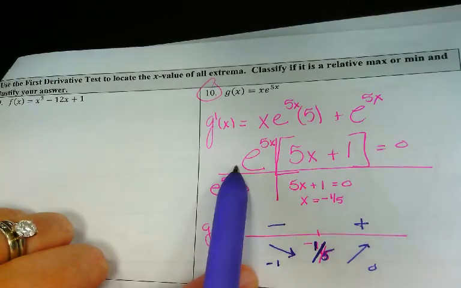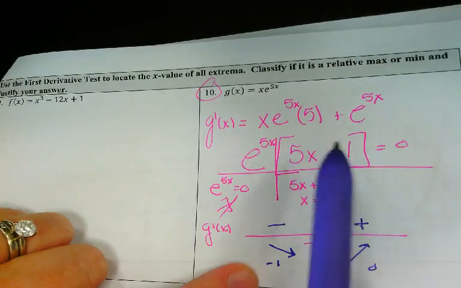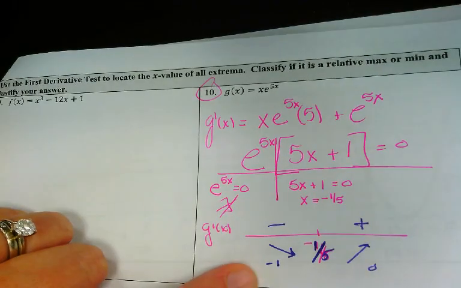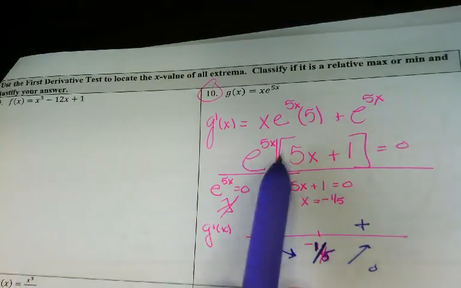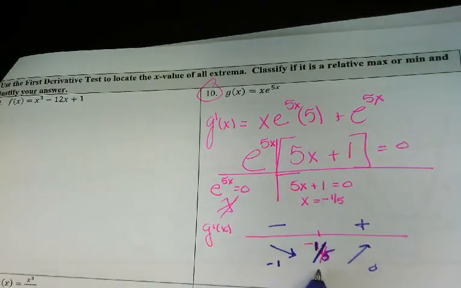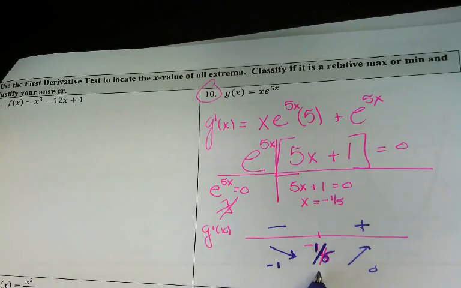And then e to anything is always positive, so I'm getting a positive times a negative. The only thing that would make this equal to 0 is negative 1/5. So if that's happening, then we made a mistake someplace with the critical point, because that should never happen.